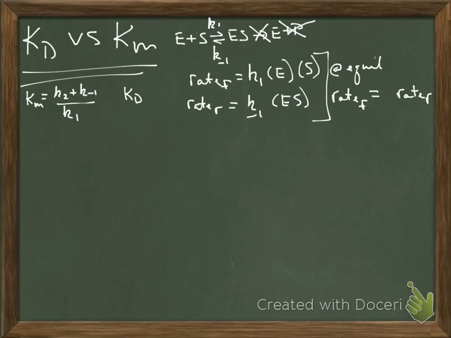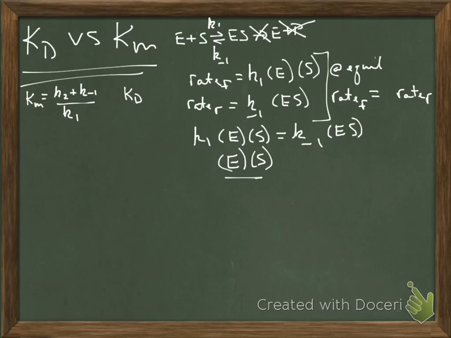They're equal to each other, right? And so when you set them equal to one another, you end up with k1 times E times S equals k minus 1 times ES, or E times S over ES is equal to k minus 1 over k1, which we know is equal to the KD.